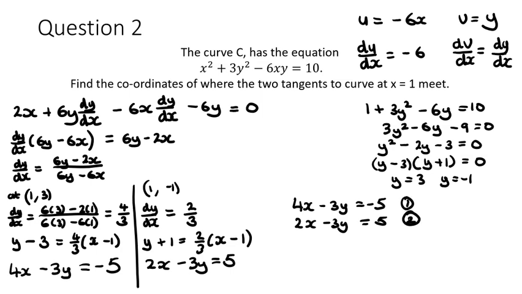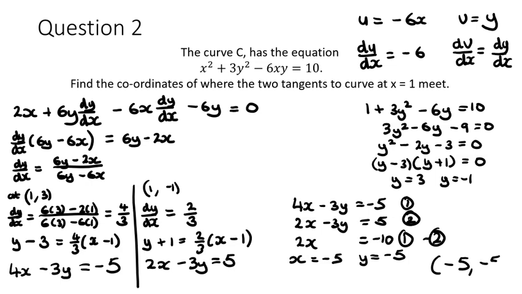If I do equation 1 take away equation 2, I get that 2x equals minus 10, so x equals minus 5. Sub minus 5 back into either one of the equations to get y equals minus 5. The answer is that they meet at minus 5, minus 5.